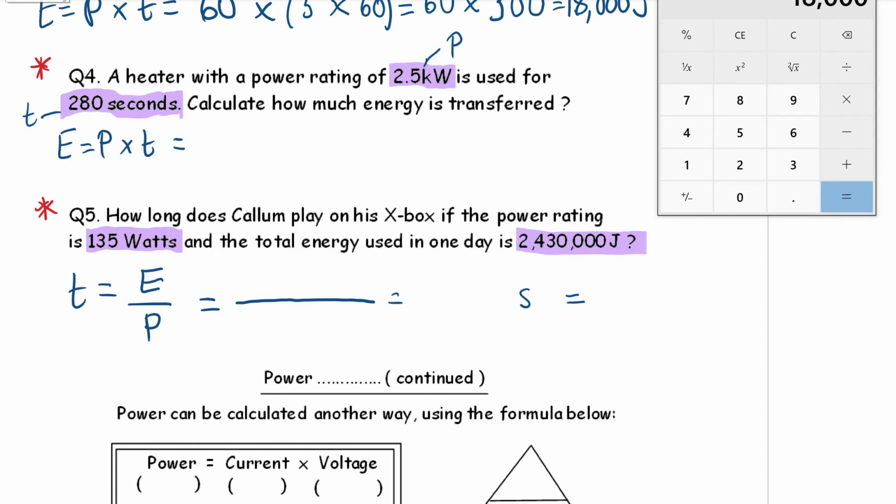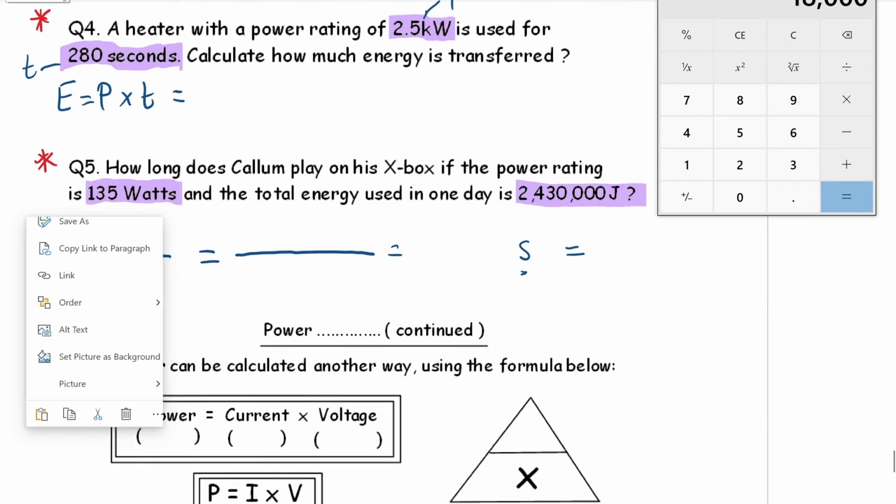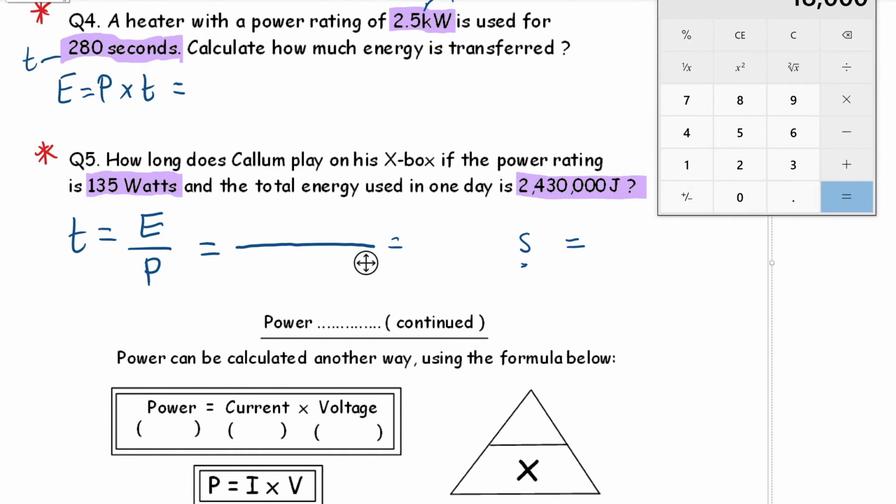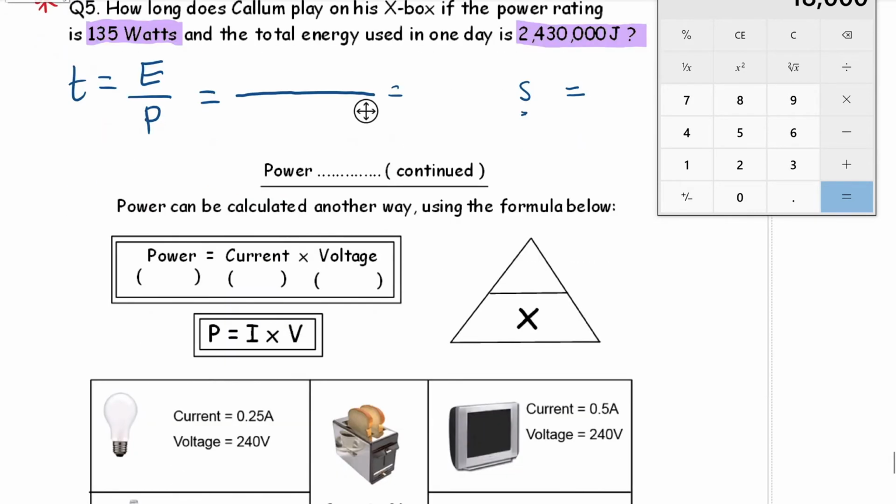I'm assuming Callum has been on his Xbox for a significant length of time, i.e. more than a few seconds. Okay, I'll leave that one for you to do. And just remember, work out the seconds first of all is the main challenge, and then if you do hours and minutes, that would be great.